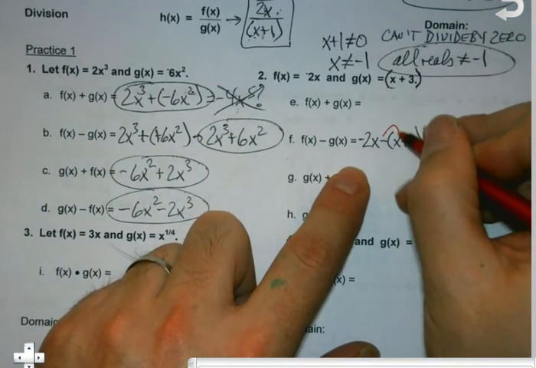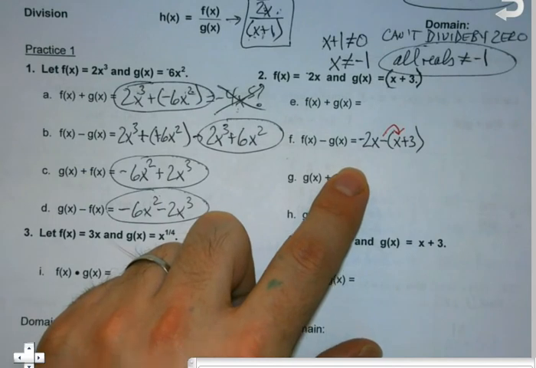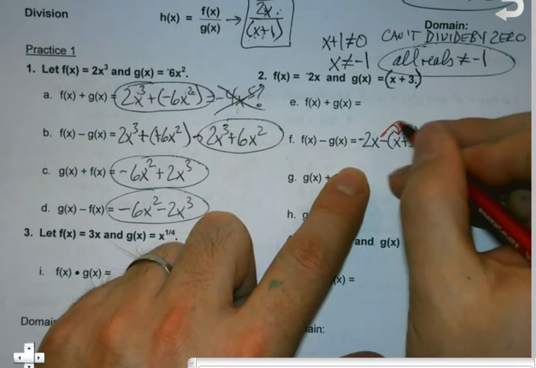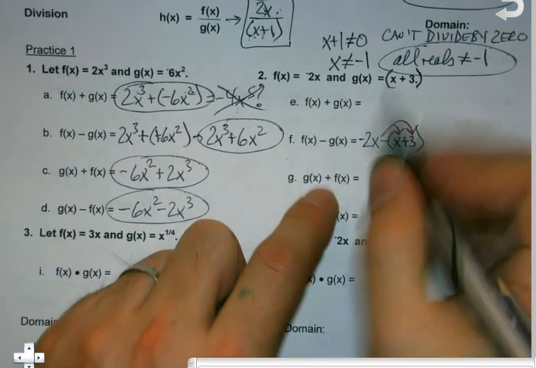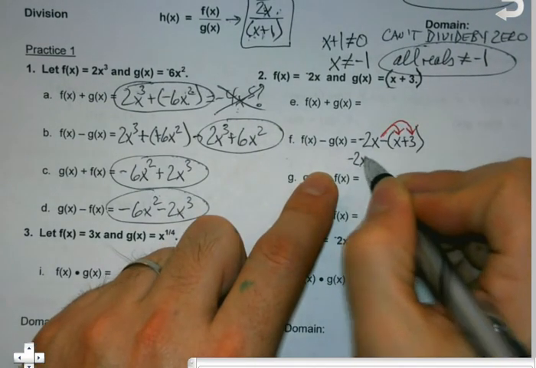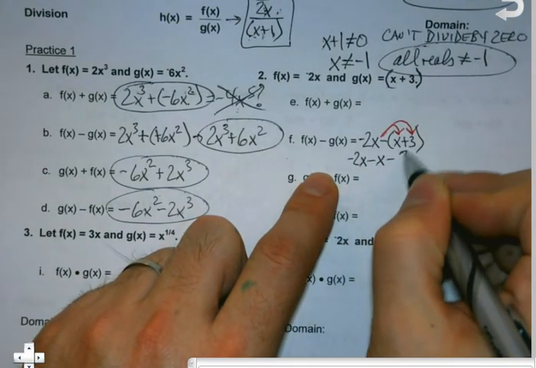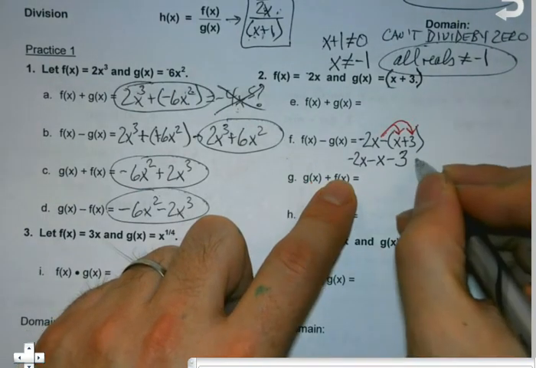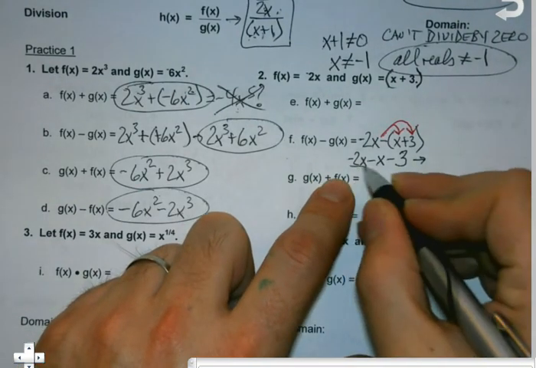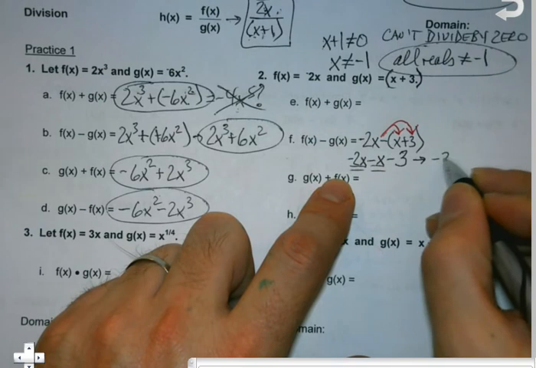That negative not only goes to the x, which it would have, even if I didn't put parentheses there, it also goes to the 3. So I've got to make sure that my signs get changed on both of those. And again, don't just leave it. Find your like term.